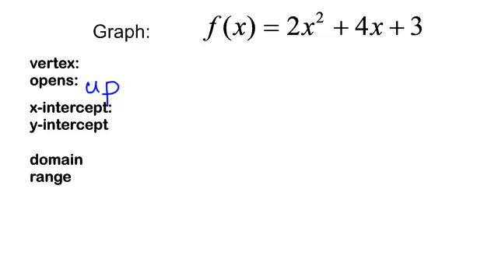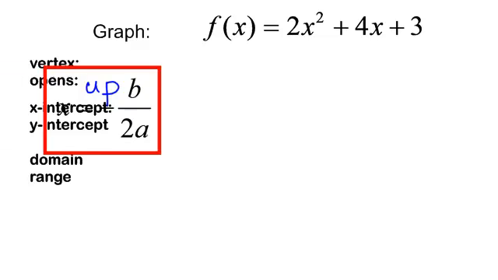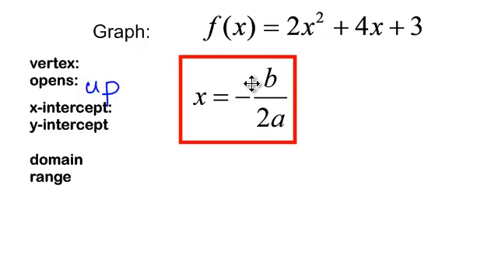But I am not able to see the vertex of this parabola easily. So in order to find the vertex, I could complete the square, or I could simply find the x of my vertex by plugging in negative b over 2a. Now remember, the coefficient with the x squared term is our a.